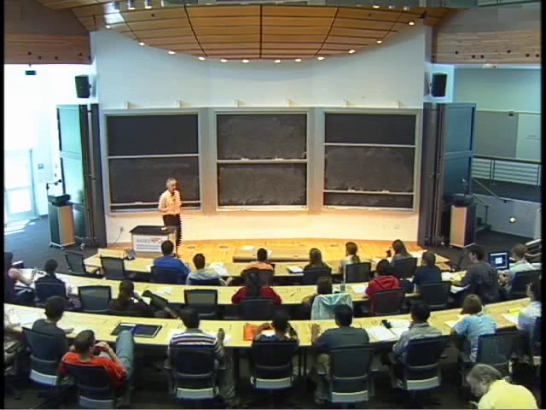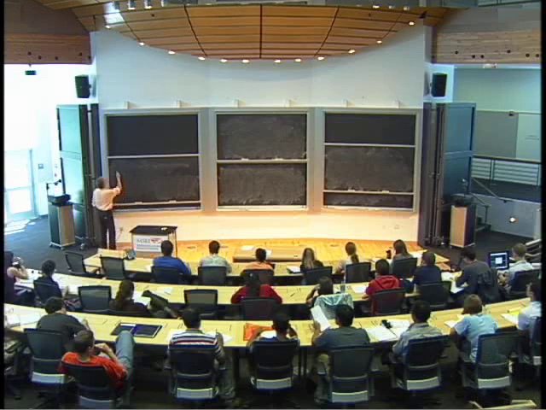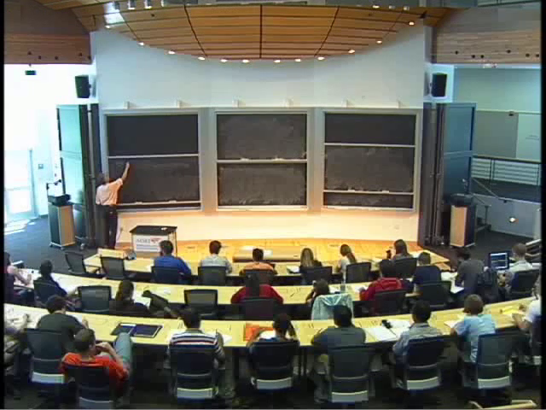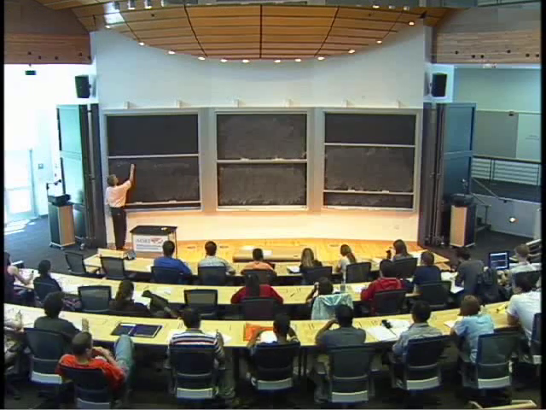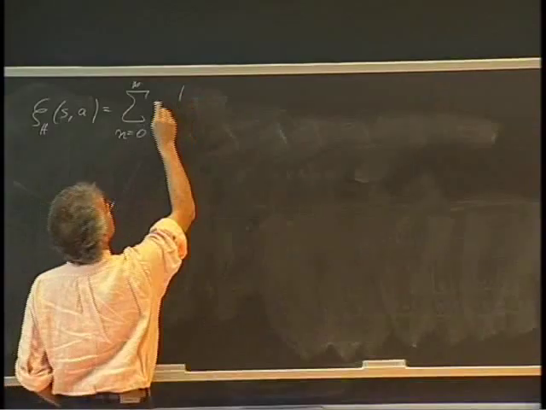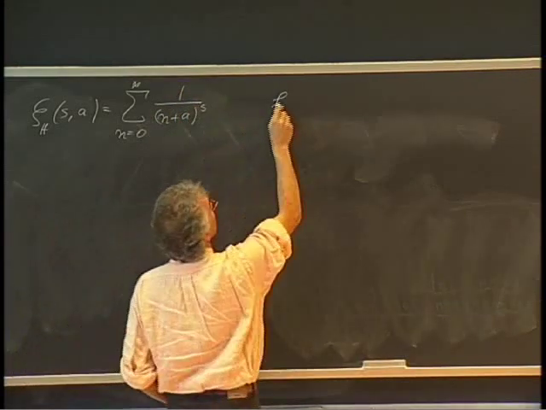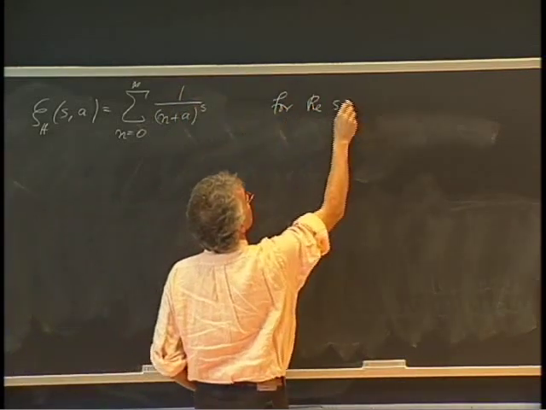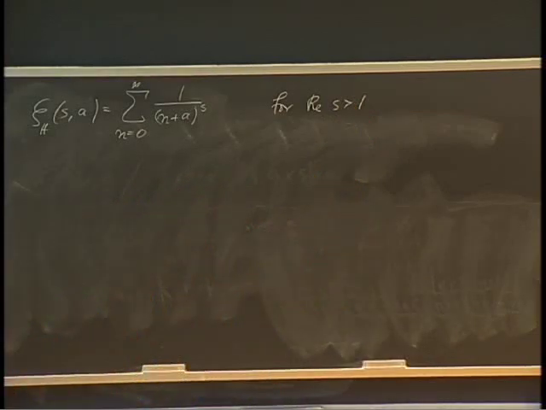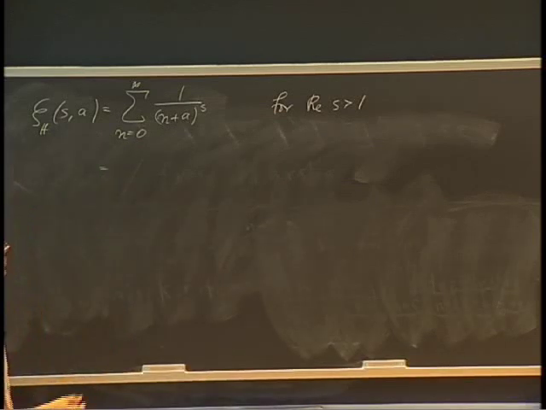So let me first spend about 5 minutes on what we did in the last lecture. We considered the zeta function of Hurwitz, which we defined by this series. And then we have shown several different representations.